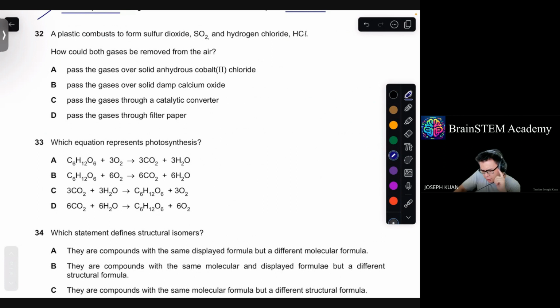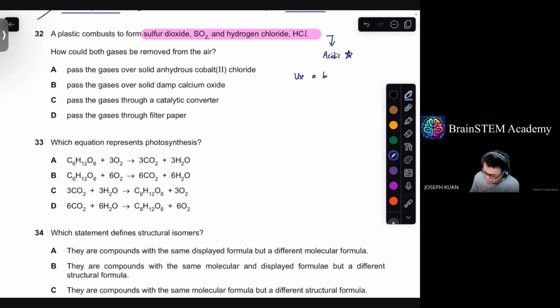Now, 32. A plastic combusts to form sulfur dioxide and hydrogen chloride. How could both gases be removed from the air? The clue here is these 2 gases are actually acidic in nature. Which means, how can we remove acidic gases?